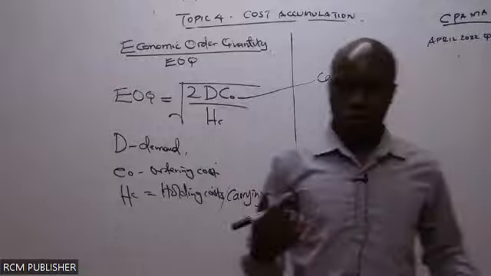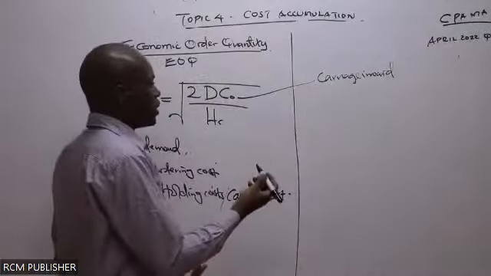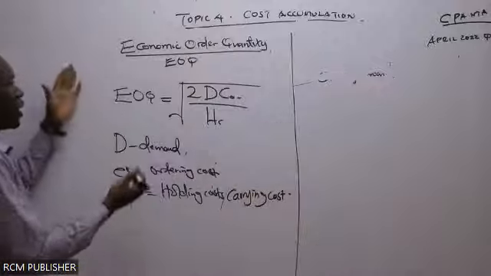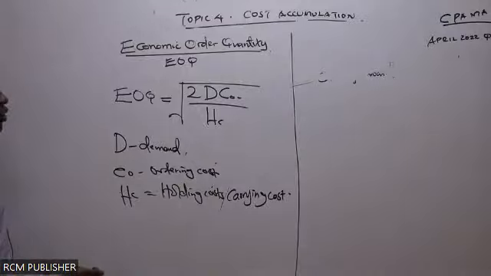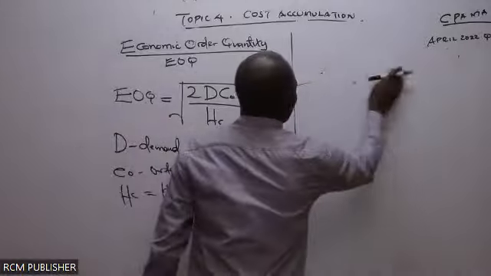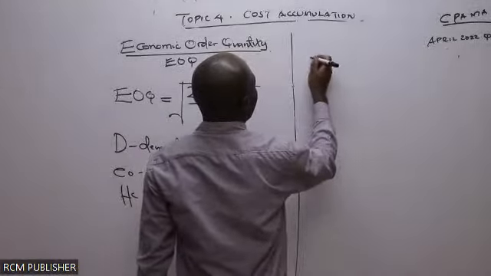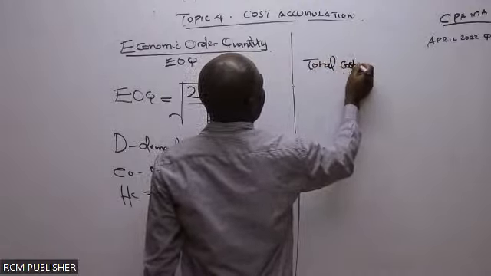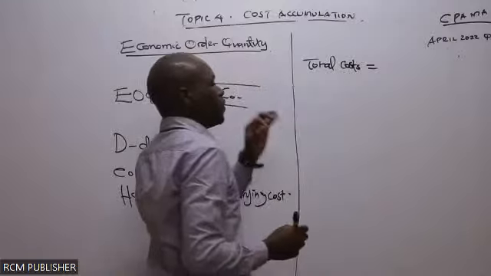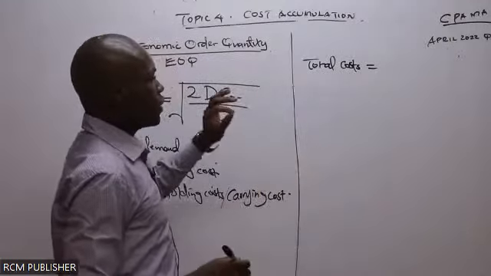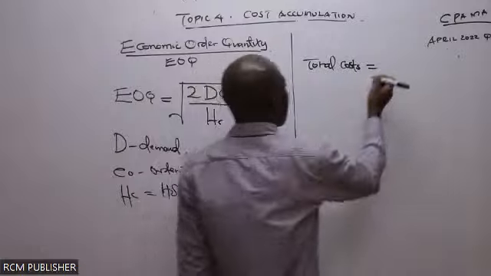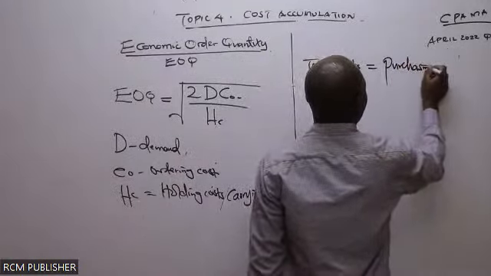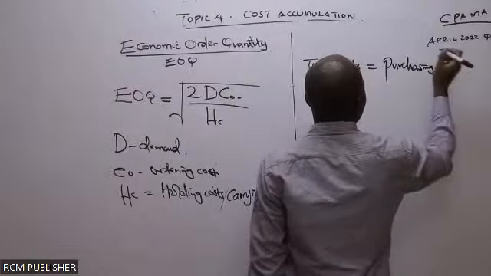If you want to get the total cost, now that we have the formula of economic order quantity, you are going to have three components. I've said this total cost entails purchasing costs.